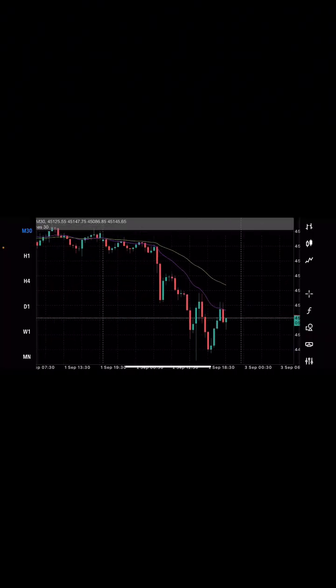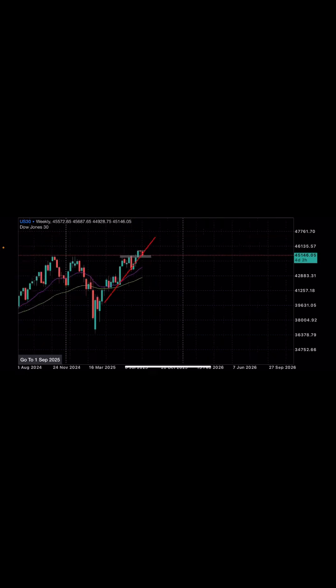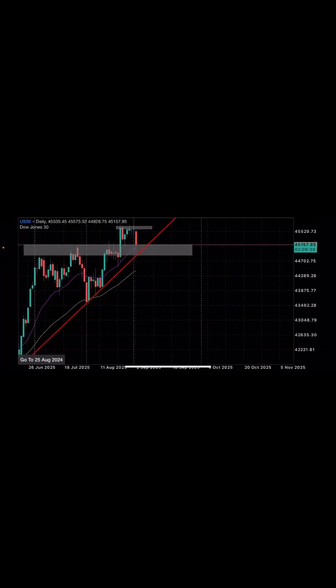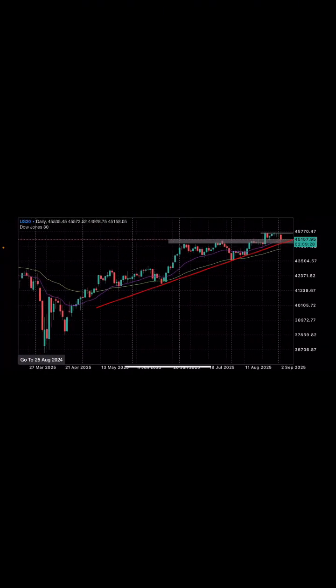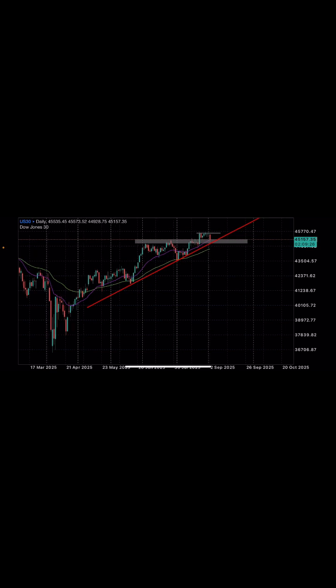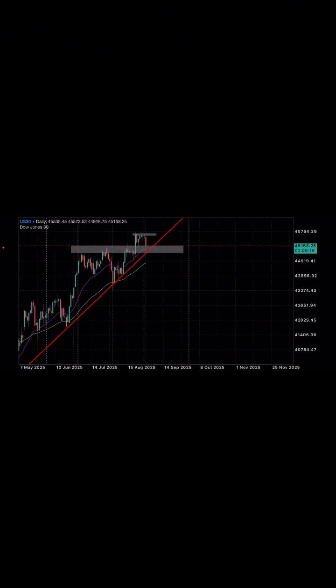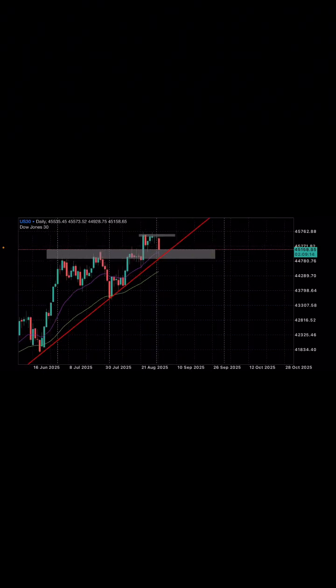So let's go to the daily. Now I drew this level over here. Look at this trend line. I'm expecting the market to take a bounce off this trend line, then continue the uptrend, as you can see. So let's say this is a minor pullback at the daily time frame, a minor pullback to this support, previous resistance, now support level.